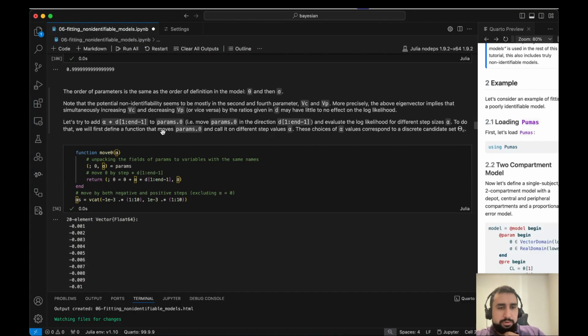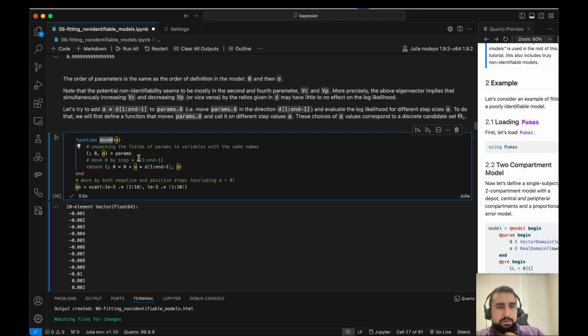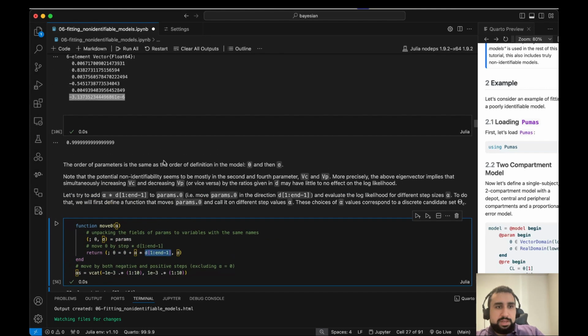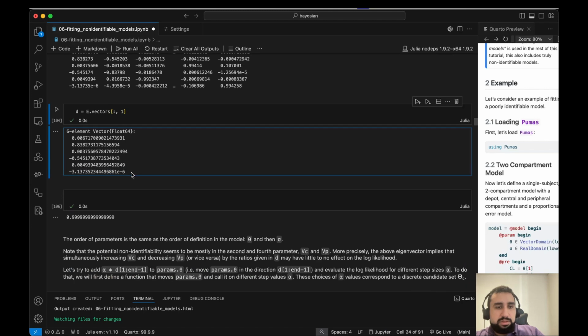All right, so what we're going to do is define a function here, move theta. This function takes an input alpha, and it moves the parameters by a step alpha along the direction D[1:n-1]. So I'm just removing the last value, which is close to 0. There's no point adding it to sigma here. And the order of values in D, by the way, is the same order as the parameters in the model.